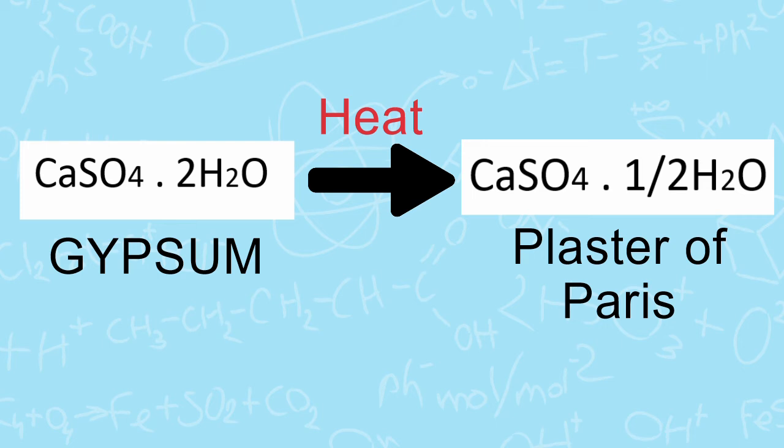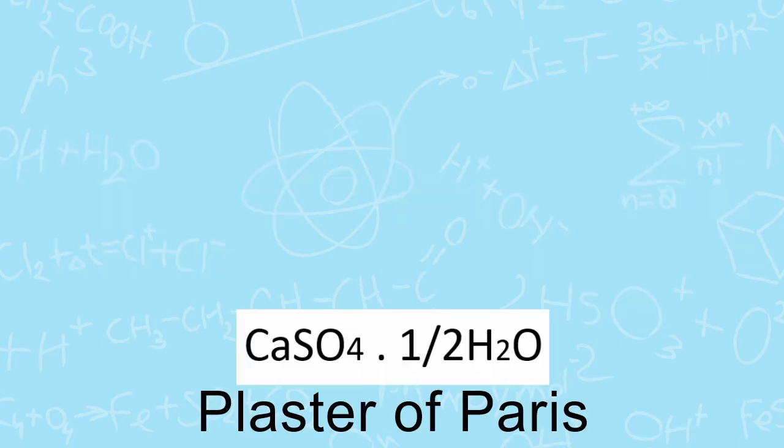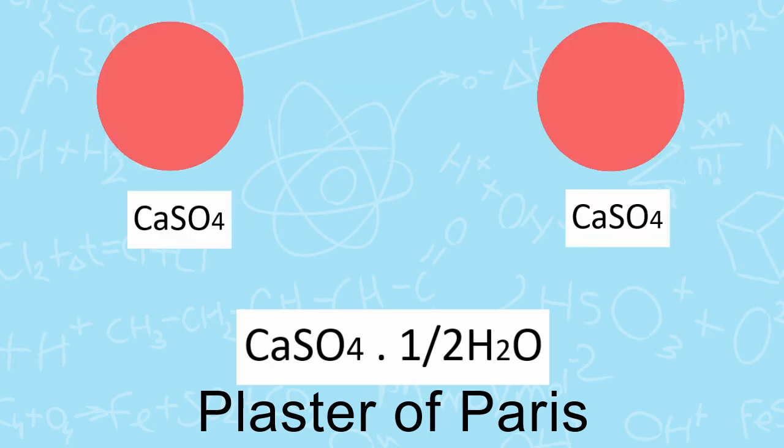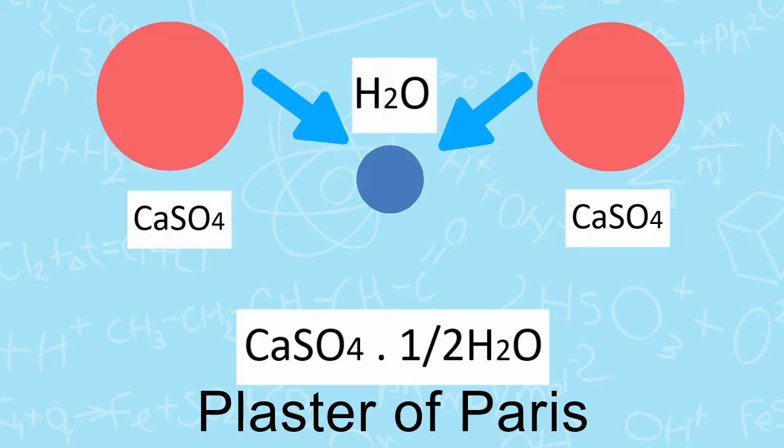One thing you might ask: how can one calcium sulfate be attached to half a molecule? How do you make half of a molecule? You cannot break a molecule clean into half. That doesn't work like that. So when they say half H2O, what they're saying is two molecules of calcium sulfate are attached to one molecule of water.